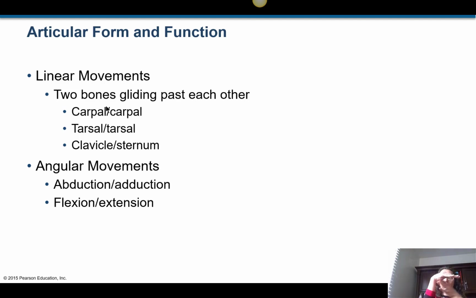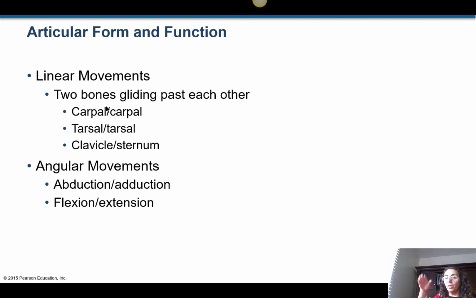If you decrease this angle, this is an angular movement. This is in the anatomical position, and it should be down, but I just want to show you. So if you decrease this angle, the movement is in the sagittal plane, here in this plane, right? So this is an angular movement.